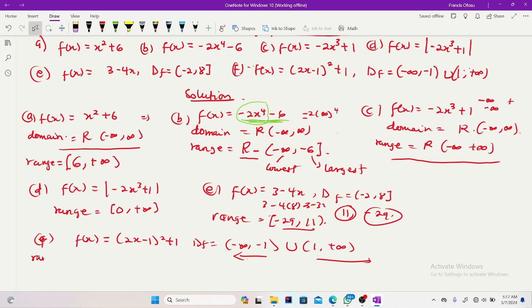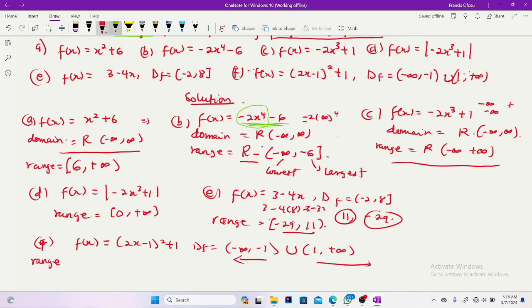So for the range of this function, let's see, if I put in negative infinity here, because of this squared, whatever will come out from this side of the manipulation will be positive, right?